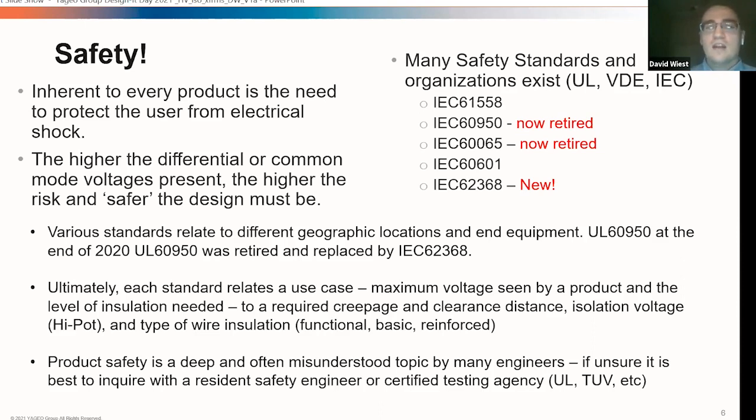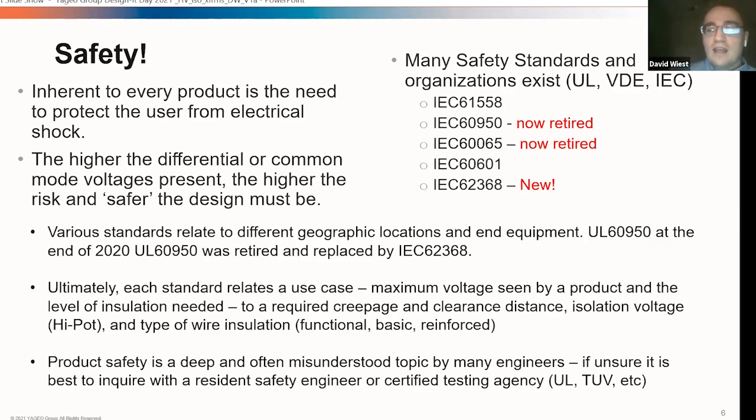As modern systems grow, those lines have blurred and it has become very difficult for engineers to decipher which spec they should follow. A new standard has been born from that, the IEC 62368. It's not just a merging of the two, it's a whole new standard relevant for both.